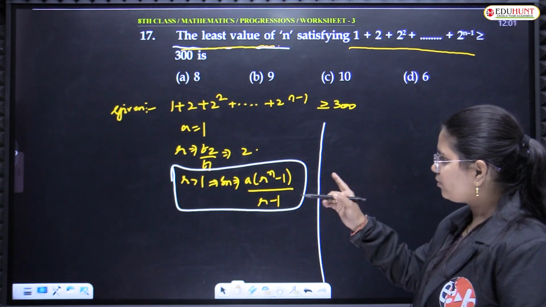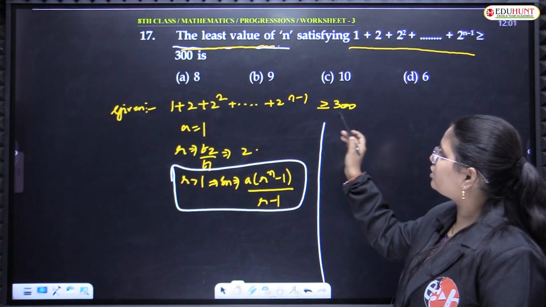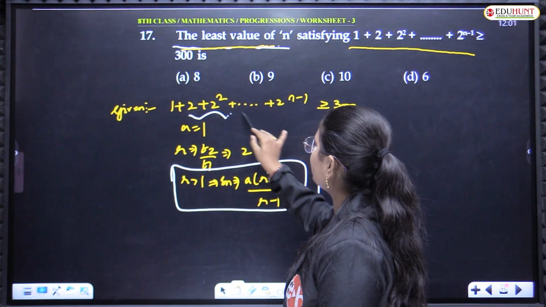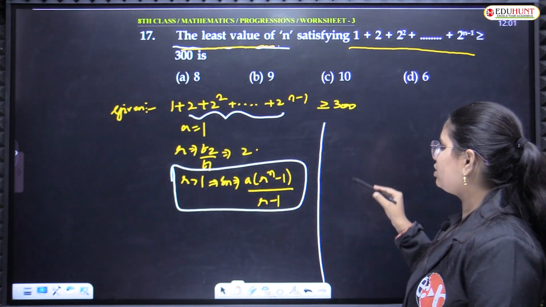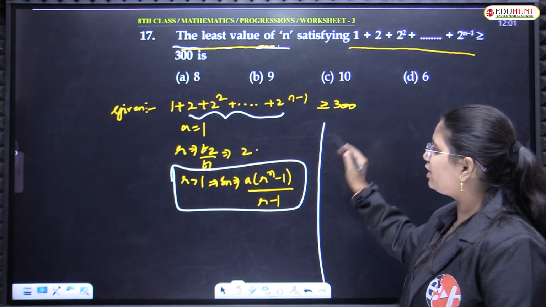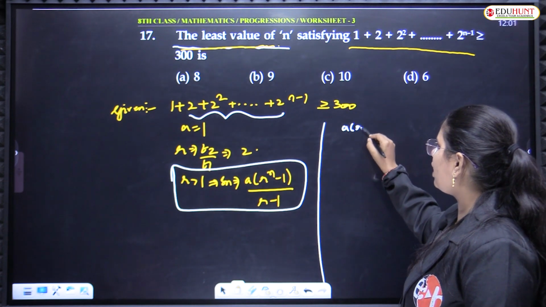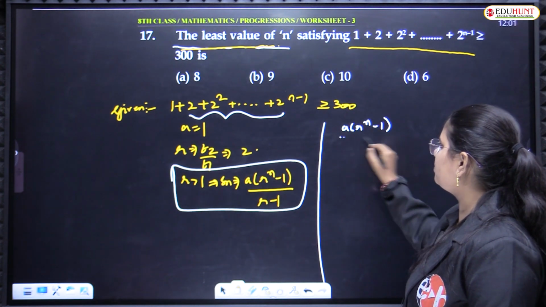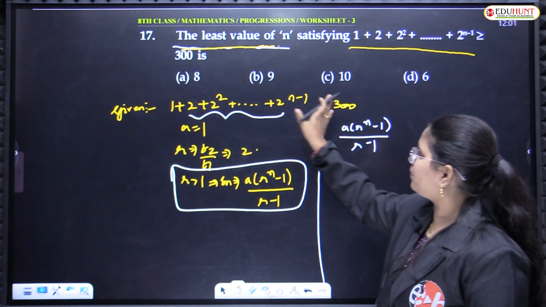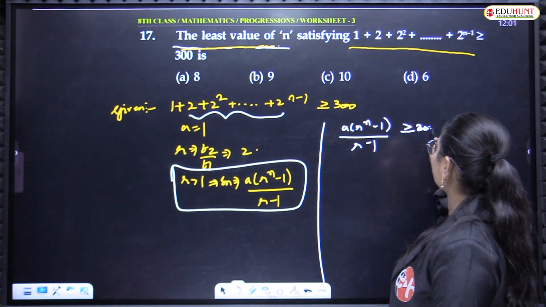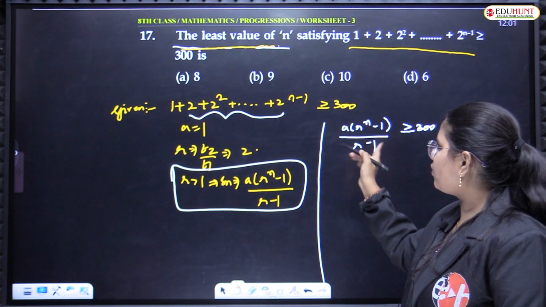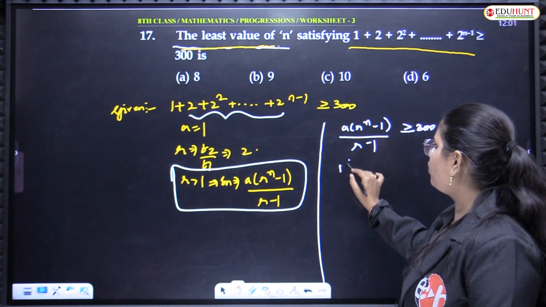Given all these things, we take the sum of n terms in a GP. What is the sum of n terms in a GP? A into R power n minus 1 by R minus 1. In place of this, I have written this, must be greater than or equal to 300. So what is the value of A in the question? 1.